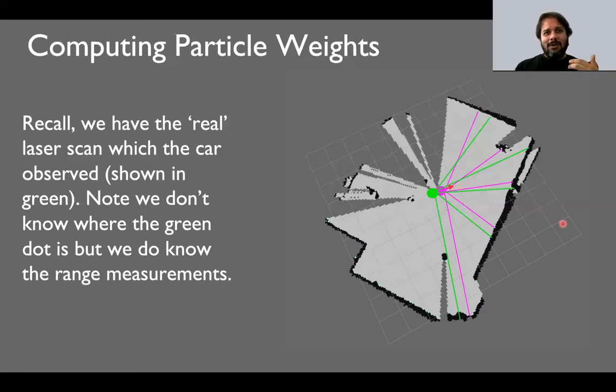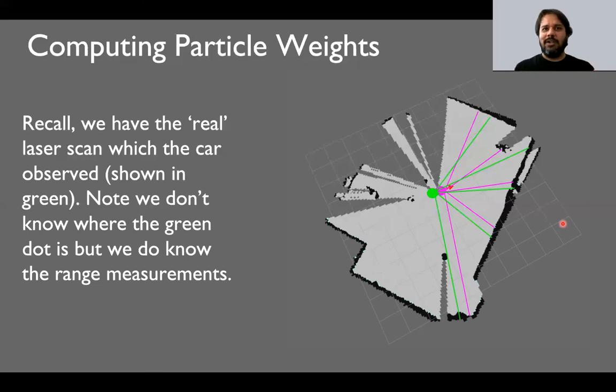And so I hope you can guess almost what the next step is. We have the ground truth of what ranges we see. The problem with that is we don't know where we are. And then we have an estimate of what ranges we would expect to see given we assume some random pose. So to evaluate whether that random particle or random pose is any good or not, we just have to measure how close these two range sets are to each other.